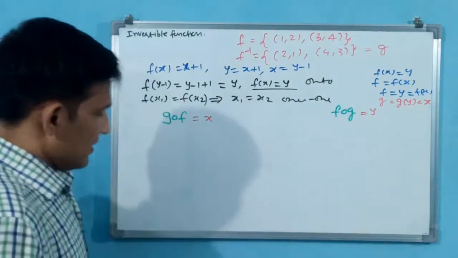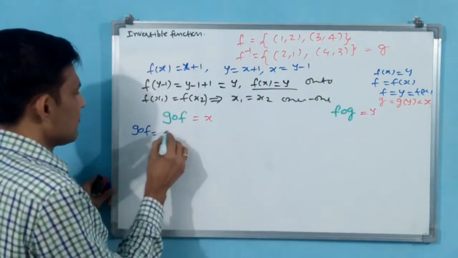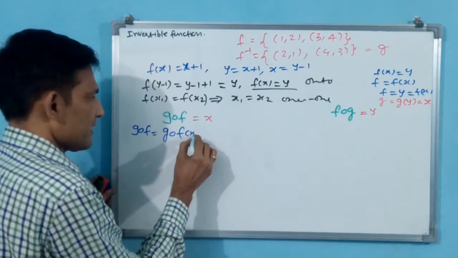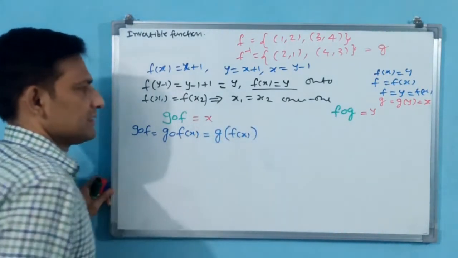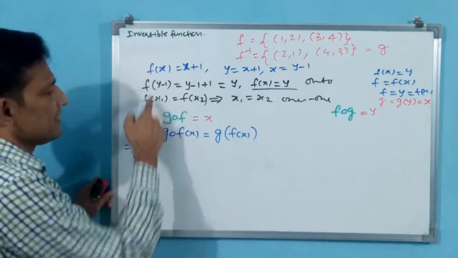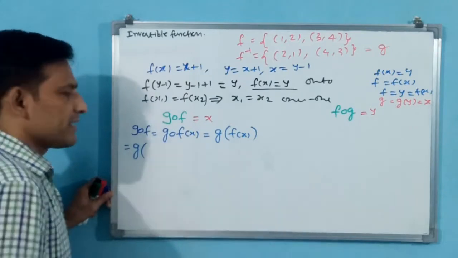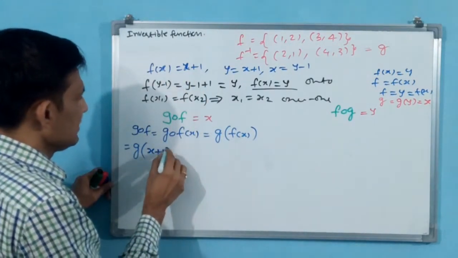Now GOF of X means what you are doing, GOF of X is equal to G of F of X. Like that you write. For this function, for example, I am explaining to you, F of X means how much? X plus 1. You write X plus 1.